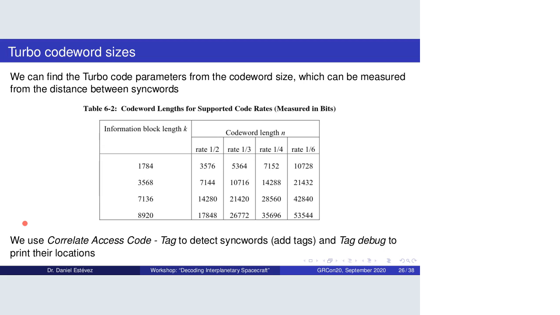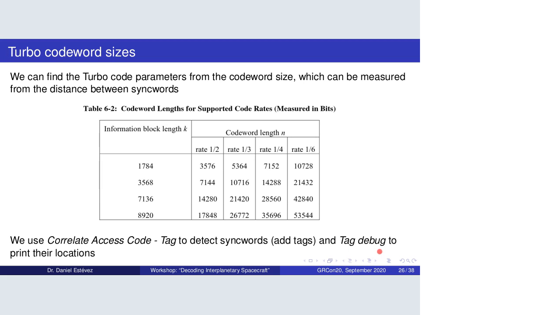Tags are objects used inside GNU Radio to add metadata to a running stream of symbols such that we can mark any number of things: where words begin, what is the current time, what is the frequency we're tuned to, and many other things. We want to attach information to a particular sample. We do that with a tag. And there is also the tag debug block, which can be used to print tags.